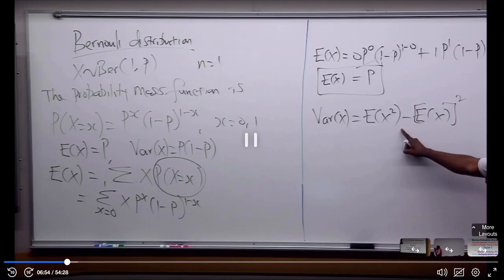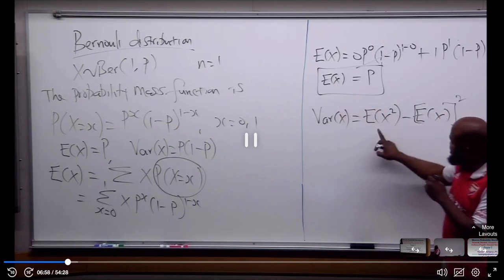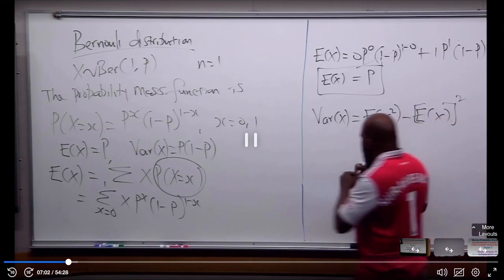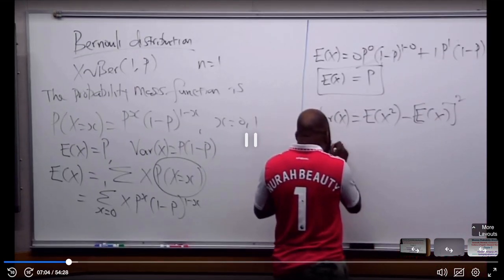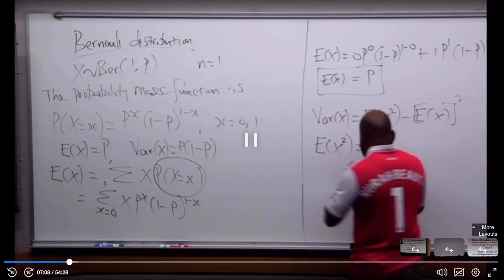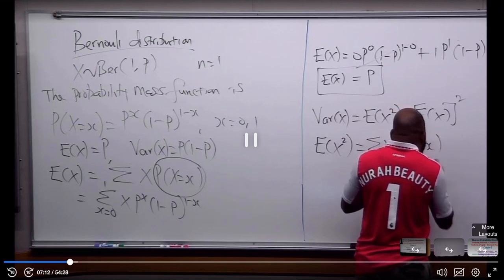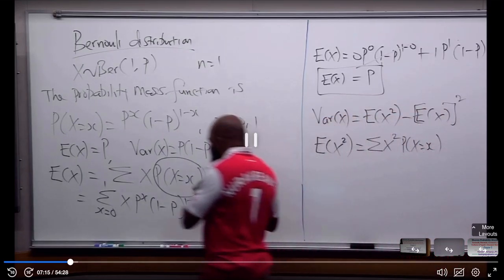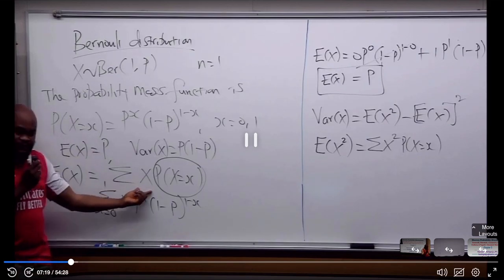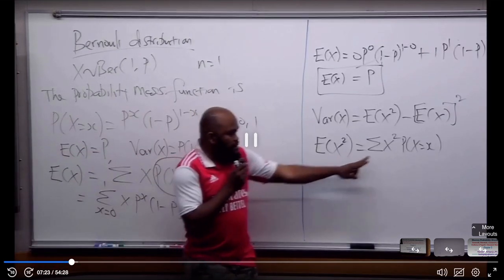Now I've gotten the expected value of X, which is p. Then I want to find the expected value of X squared. For a discrete random variable, the expected value of X squared is the sum of x squared times the probability mass function.